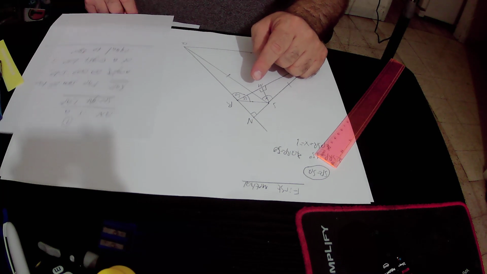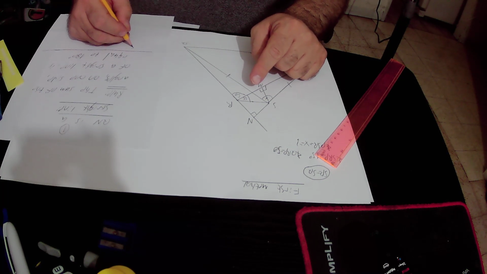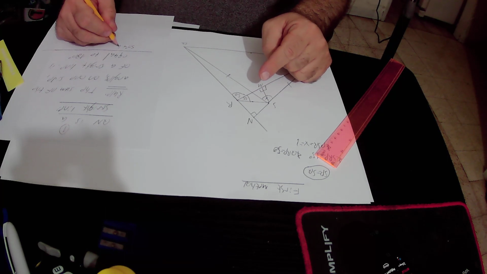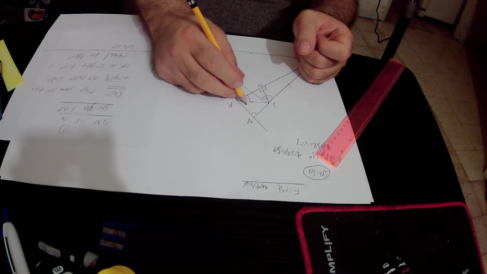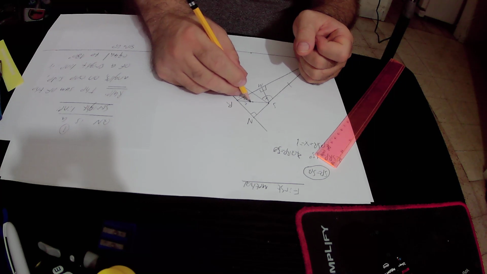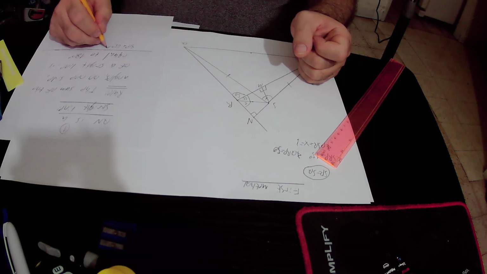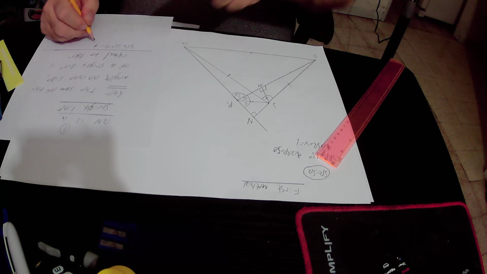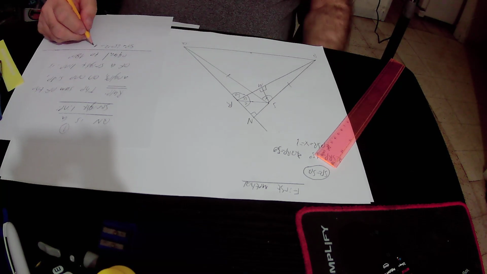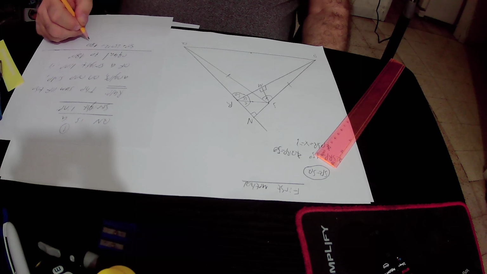That is to say, 50 degrees plus 65 degrees plus the size of this angle that we will define as angle Z must be equal to 180 degrees according to this rule that I read.